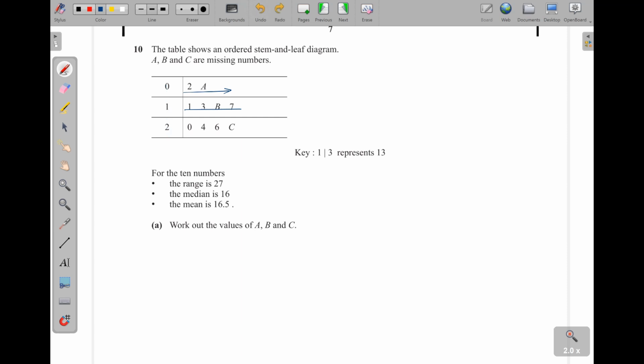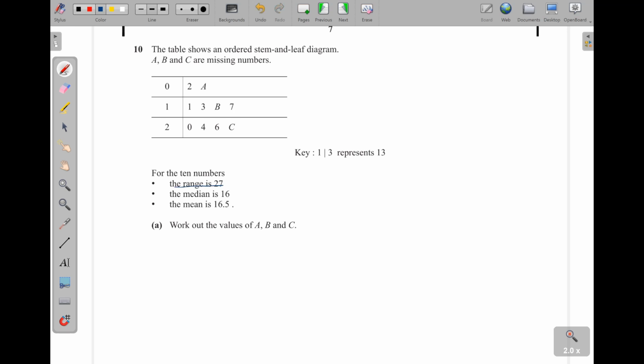And then a stem and leaf diagram must have a key that talks about what you're dealing with. So 1 maybe here, then stroke a 3, then this one means 13, okay? And we don't write decimals in the stem and leaf diagram, but the key tells us. That's why it is very important to have a key.